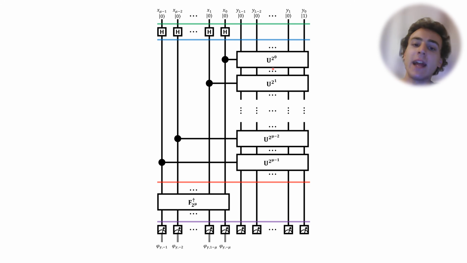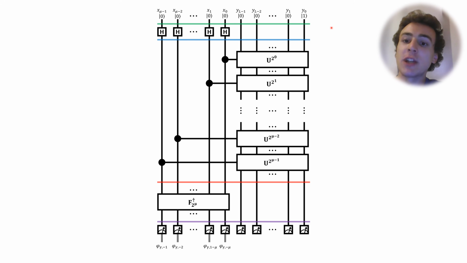And at the very end of this sequence of controlled unitary gates, we're going to get to the red snapshot. So this red snapshot shows us what happens after we've applied all of these controlled unitary gates. So that U is the target of phase estimation. And it is the eigenstates of U that are appearing in this initialization.